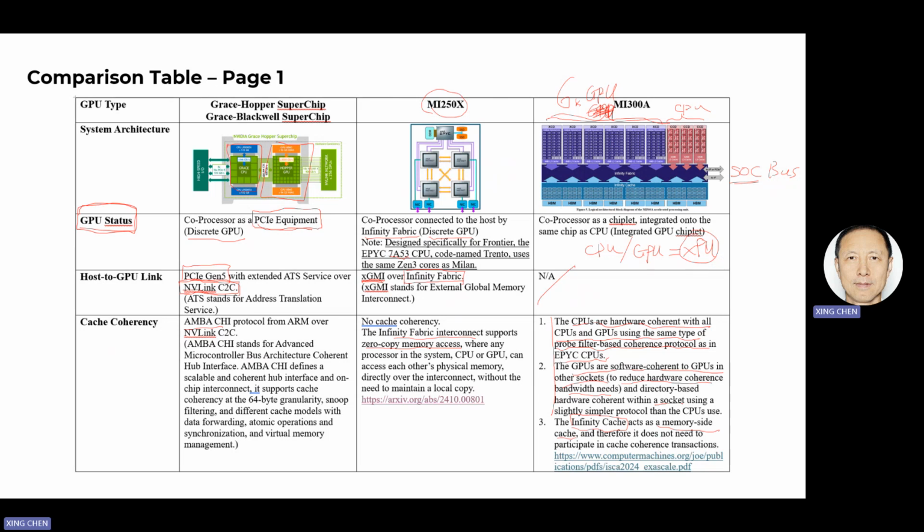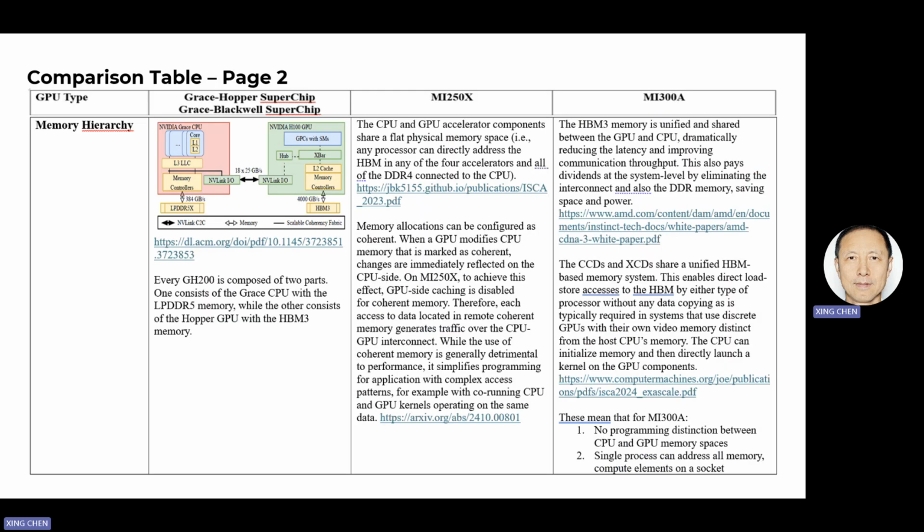So it's not coherent with the others. So these are the differences regarding the GPU status, the link between the GPU and their host, and the cache coherency. These are the hardware level differences. Now let's move on to the memory hierarchy.